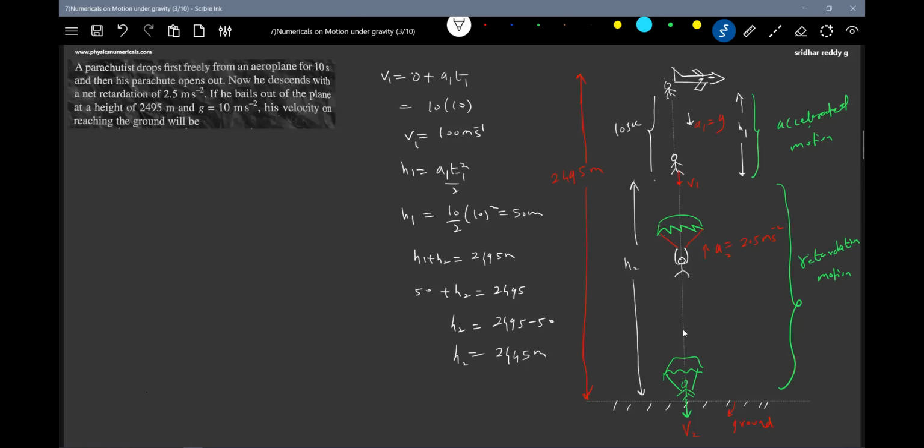Can we calculate V2 now? V2 square equals V1 square minus 2 a2 H2, that is minus 2 into 2.5 into 2445. Oh, lengthy calculation.